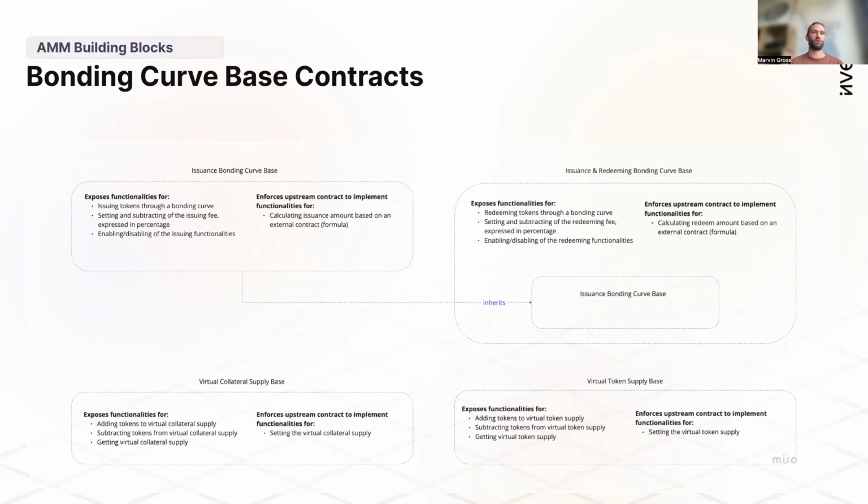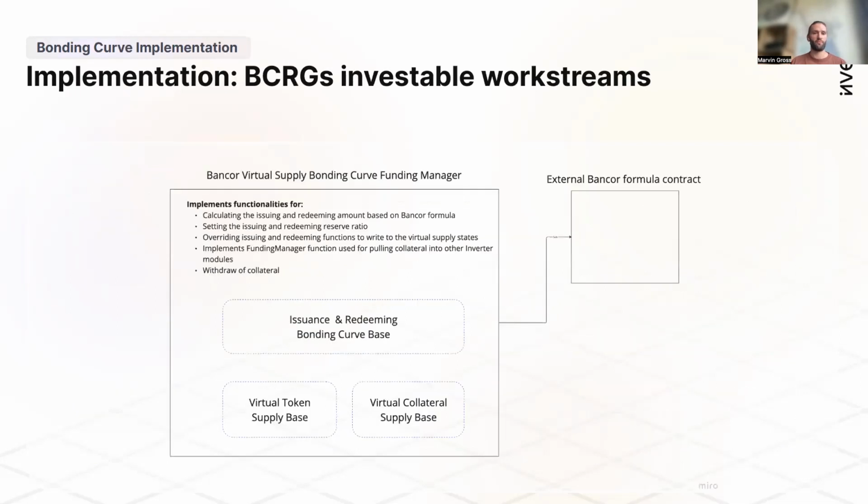And this brings us to the next slide, which is our first implementation. The implementation here is, of course, the bonding curve research group's investable workstream. It inherits all of the other building blocks: the issuance, redeeming, the virtual token supply base, as well as the virtual collateral supply base.